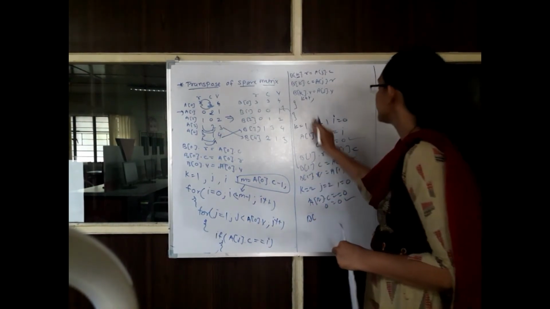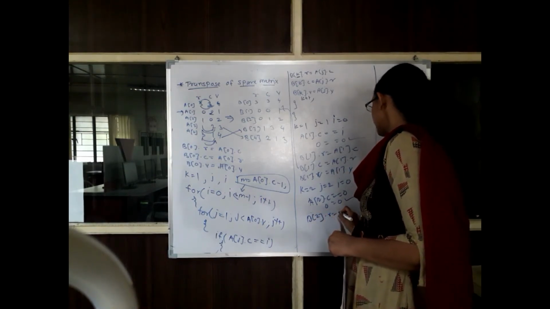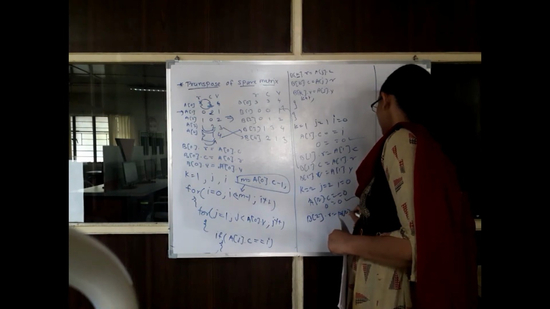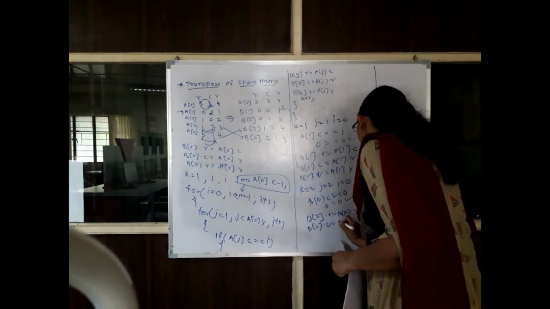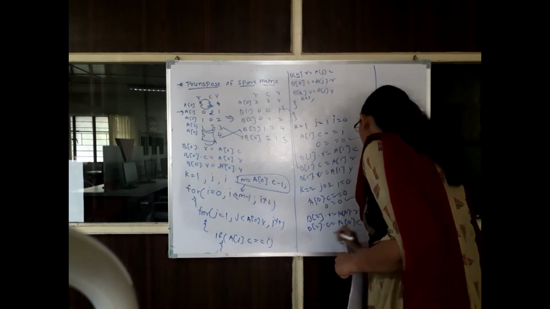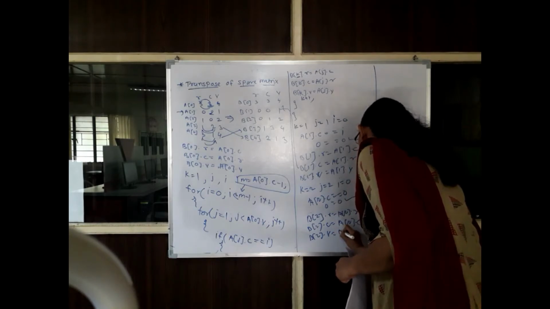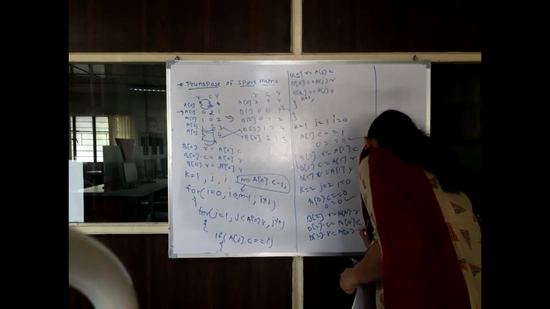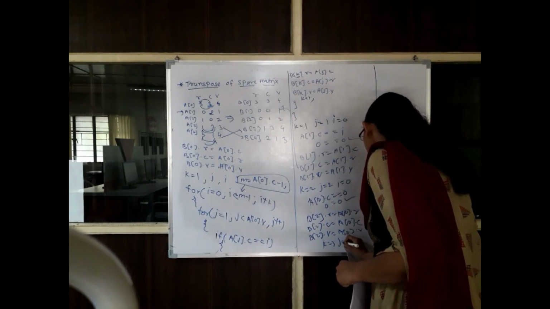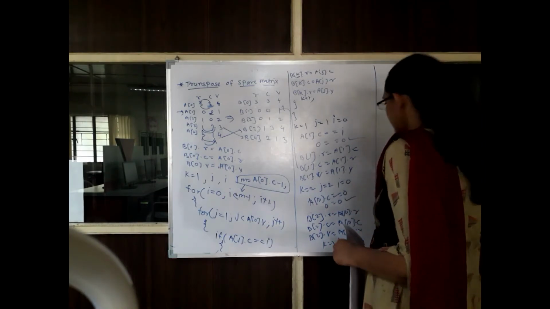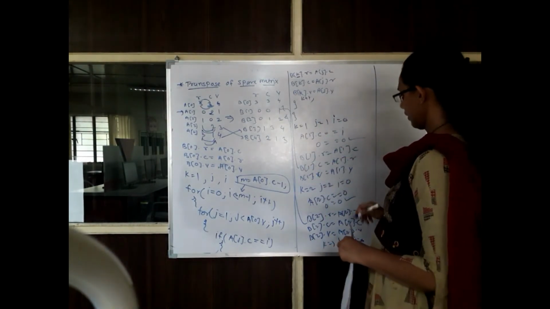B of 2 dot R is equal to A of 2 dot C, B of 2 dot C is equal to A of 2 dot R, and B of 2 dot V is equal to A of 2 dot V, and increment K. Now K is equal to 3, J is equal to 3 and I is equal to 0.